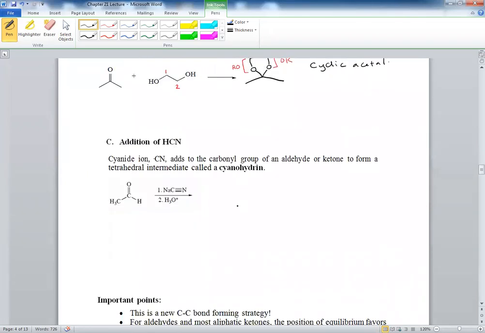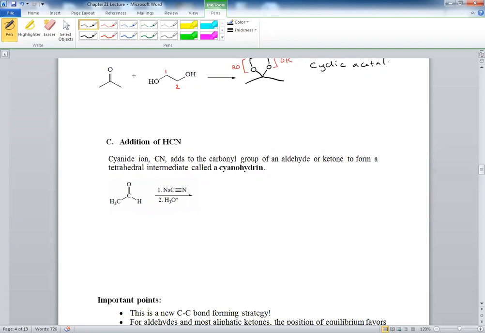Very well. So let's talk about the addition of hydrocyanic acid, or basically adding CN minus. It's a very simple mechanism compared to what we did.